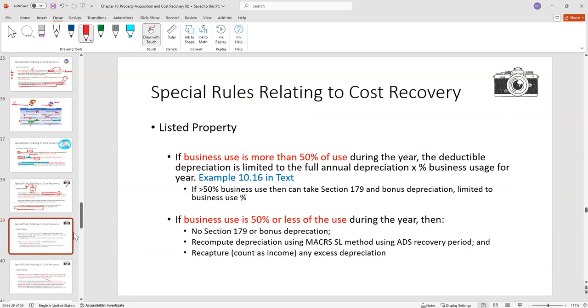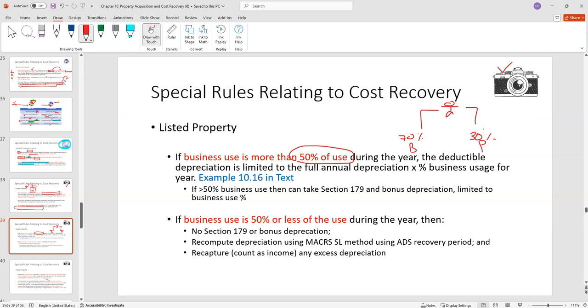Typically the first framework is we have to use it more than 50% of the time in business. So let's just say Peter Parker has the camera, and he uses it 70% of the time in a business capacity and 30% of the time in a personal capacity.